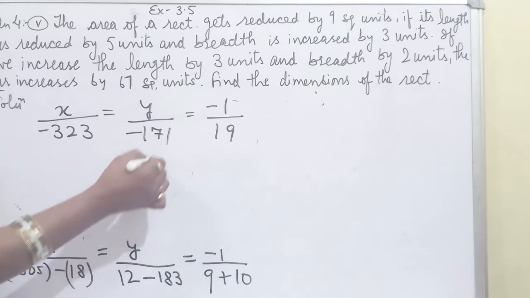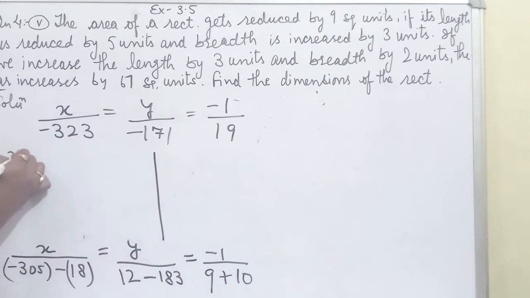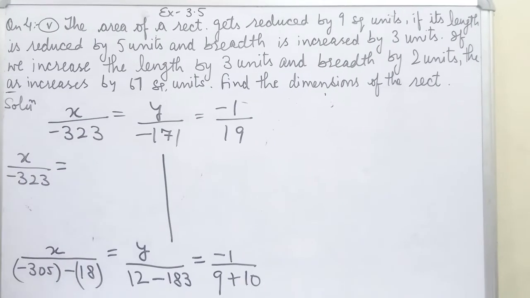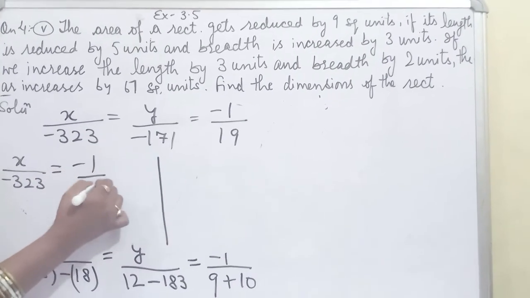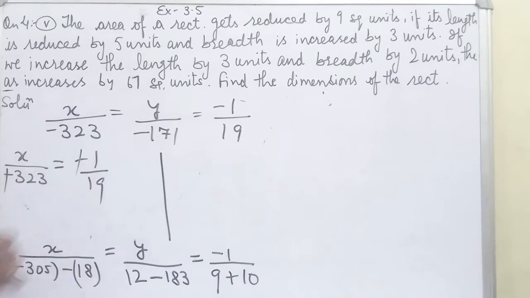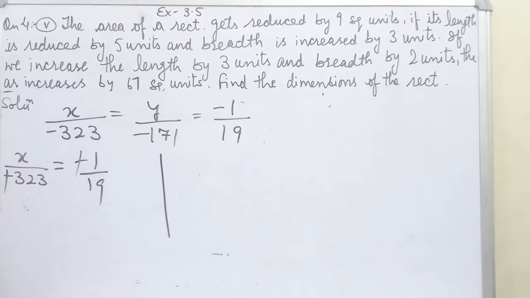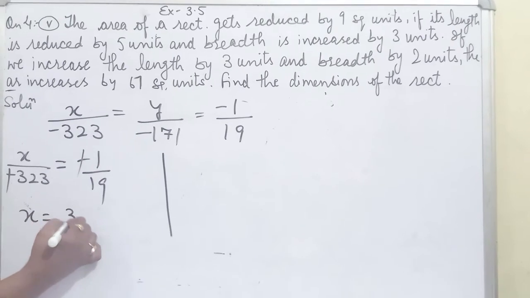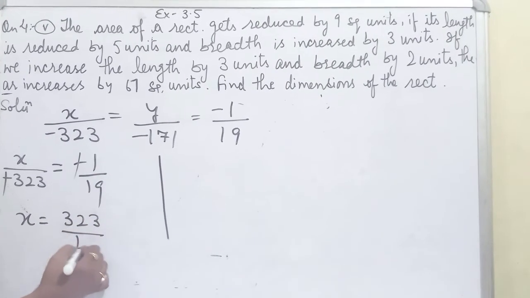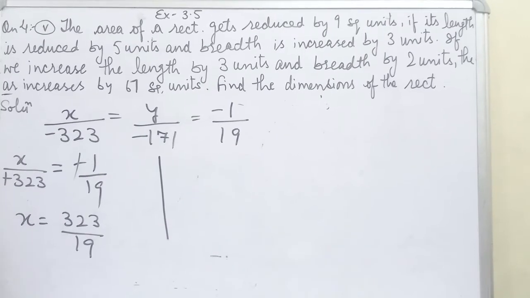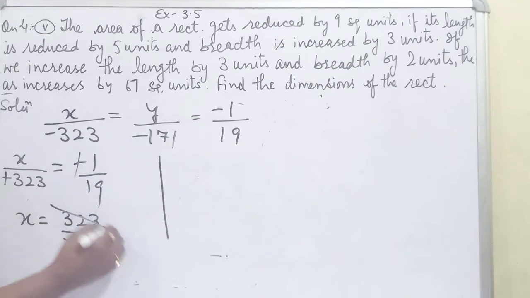Now I have to divide it into two parts. x upon minus 323 equals to minus 1 by 19. You'll cancel out these minus signs and we'll get the value of x as 323 upon 19, and if you do it easily by dividing, you will get 17.